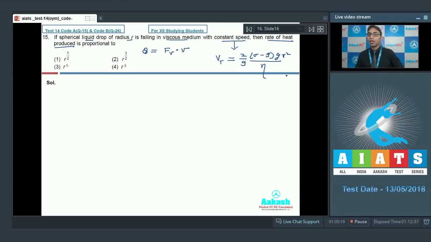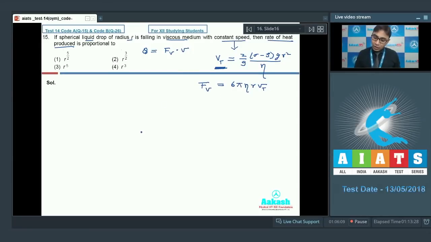This is the formula of the terminal velocity. And if the particle is moving with this terminal velocity, from Stokes law the viscous force acting on the spherical liquid drop will be given by 6 pi eta r v, where v is the terminal velocity and r is the radius of the sphere.